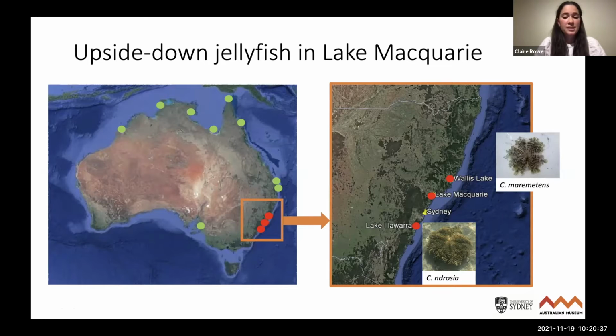But then in 2017, a member of the public recorded that the jellyfish were occurring in Lake Macquarie. So this raised the question of which species was occurring, where had it come from, and what was the population dynamics of this jellyfish like in a temperate environment. So this kind of created the foundations for my PhD. And today I'll be talking to you about the process I went through to identify the species that was occurring.